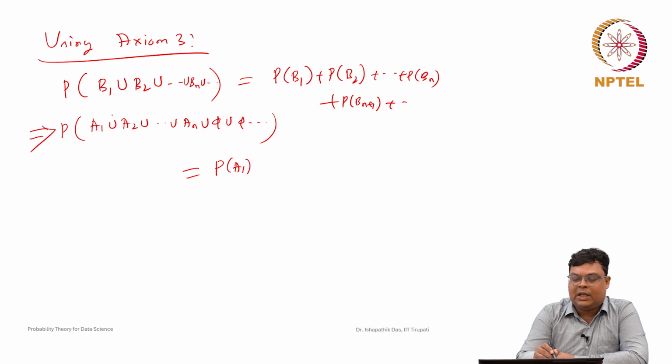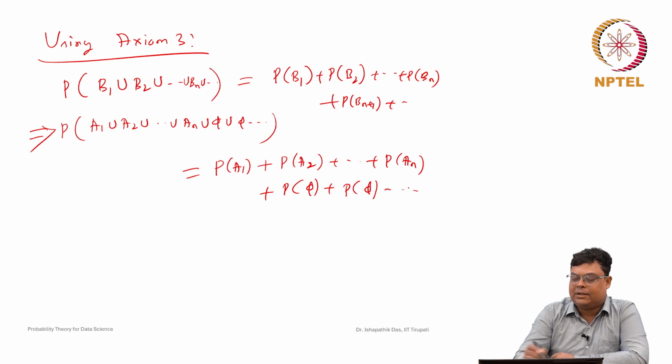By axiom 3, this union is equal to this sum, and then we replace the representation: probability of A1 plus probability of A2 plus ... plus probability of An, plus probability of phi for Bn plus 1, plus probability of phi, and so on.